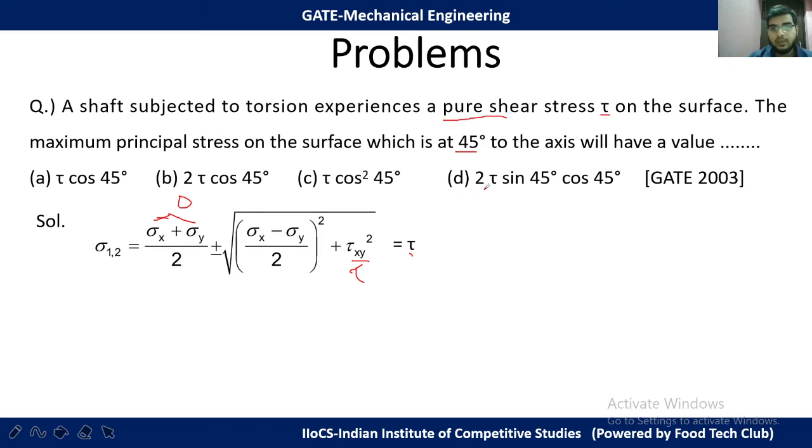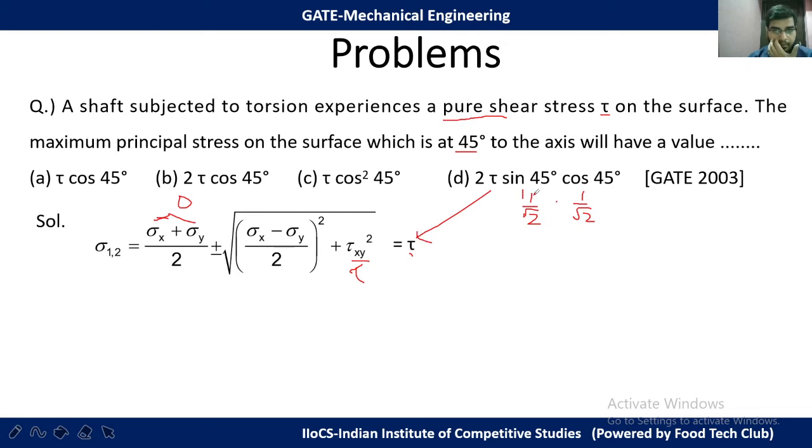But if we analyze this option D, it is 2 tau sine 45 degrees cos 45 degrees. One knows sine 45 degrees is 1 by root 2, and similarly cos 45 degrees is also 1 by root 2. After multiplying, we get half, 1 by root 2 into 1 by root 2, and this half cancels, so the ultimate answer will be tau.